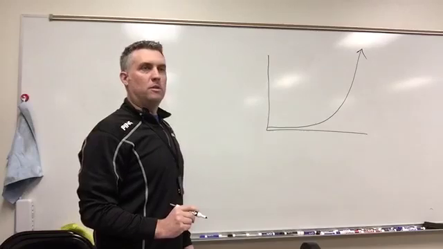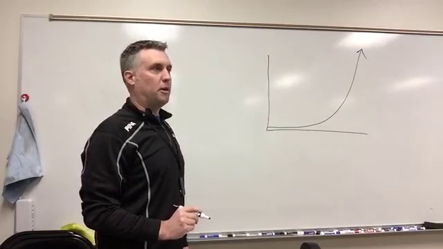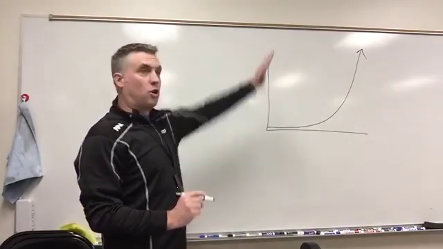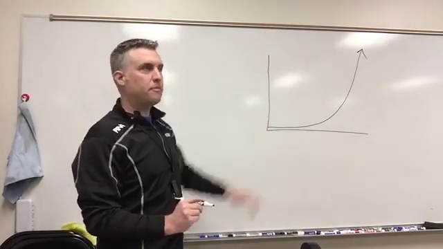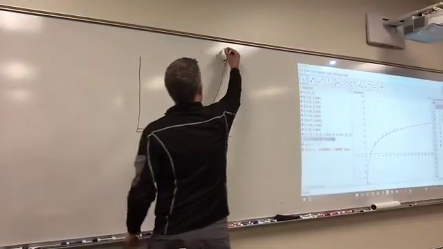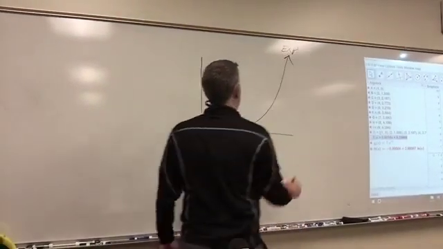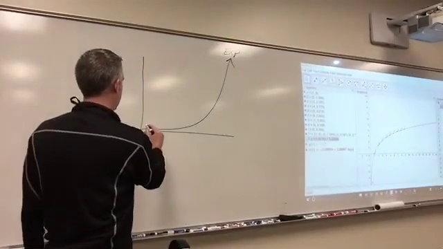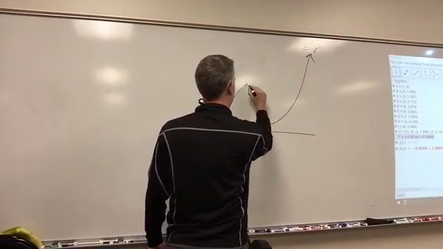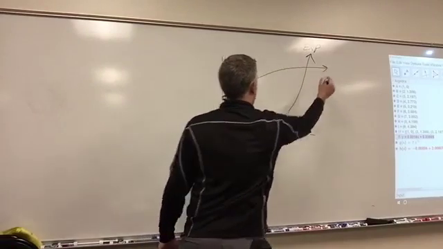Remember the one penny, 2 penny, 4 penny, 8 penny, but eventually the exponential growth took off and it went really fast, right? So if exponential starts slow and goes fast, then a logarithmic starts fast and eventually slows down.